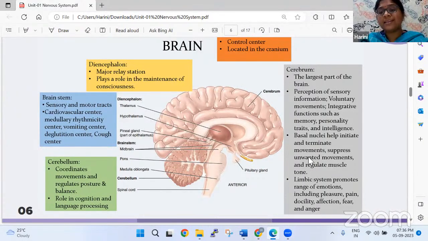And the next is the major one. We all talk about emotions, right? That is the limbic system. The limbic system is mainly involved in emotions, including pleasure, pain, happy, sad, all those emotional actions are controlled by this limbic system.